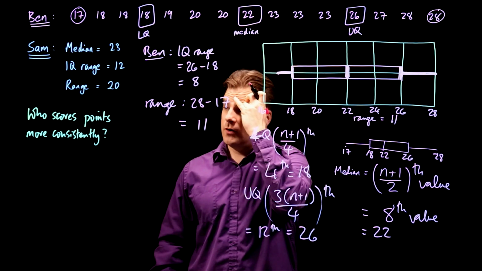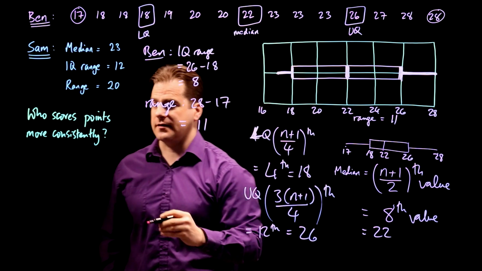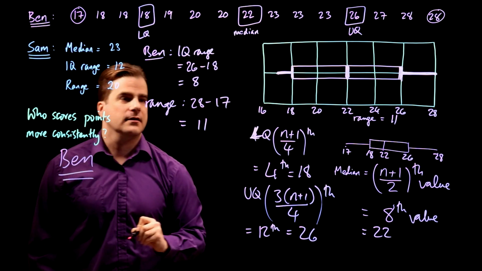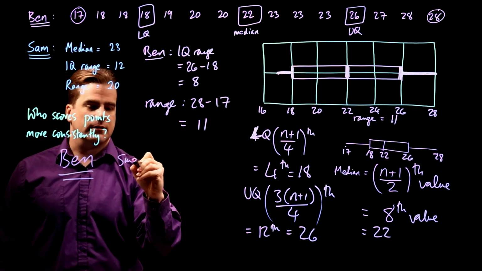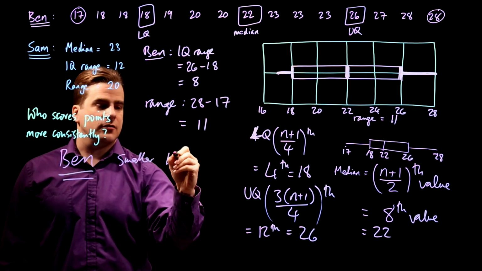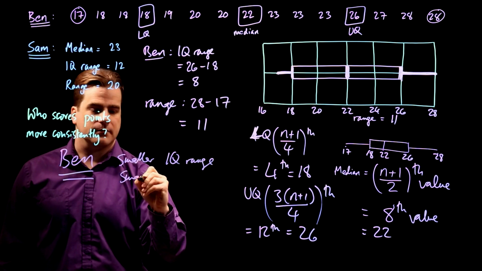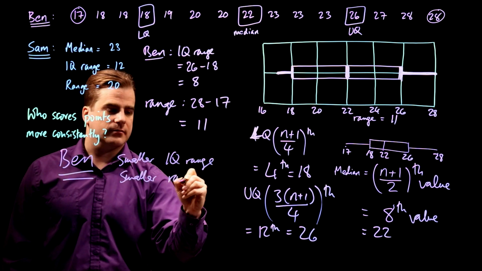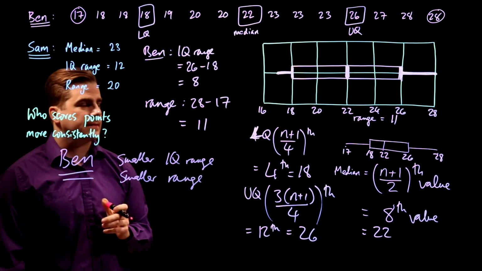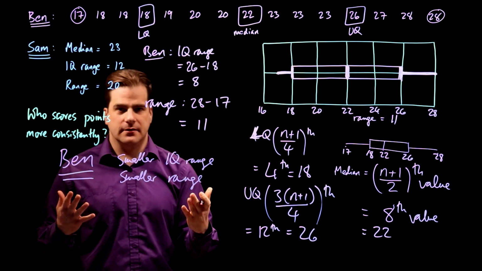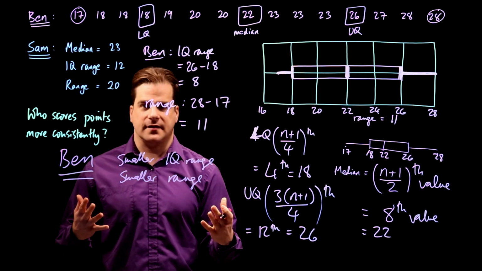And therefore, who scores points more consistently? Well, it's Ben. Why? Smaller interquartile range and smaller range. Yeah? Does that make sense? That's what they mean by more consistently.